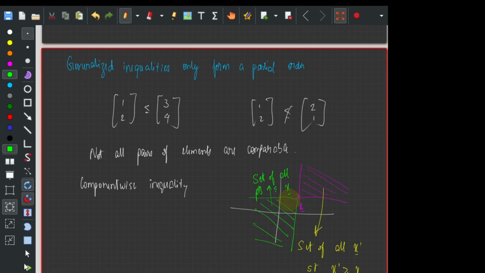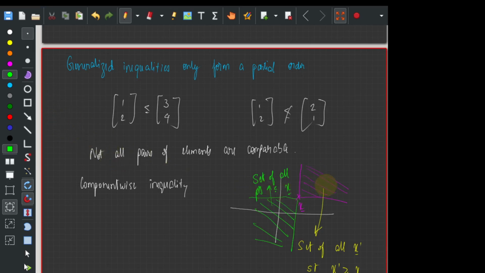So remember, what was the cone K which defined this generalized inequality? It was the first quadrant, right? So can you represent this set based on that particular cone? Yeah, so it's basically a shifted version of the cone.